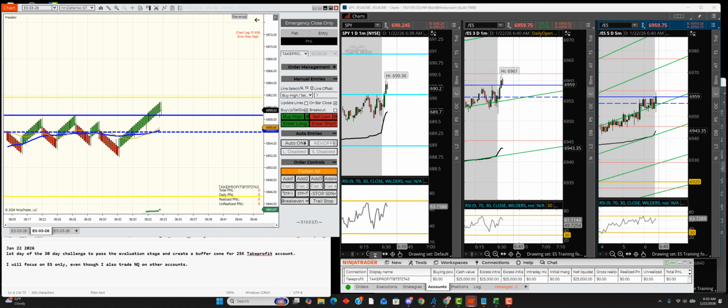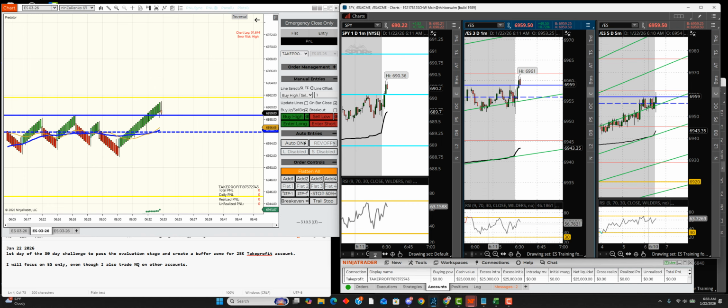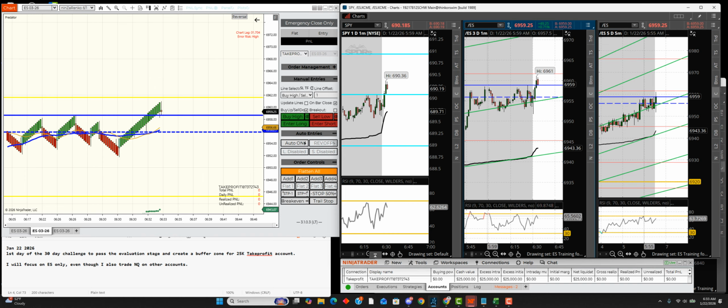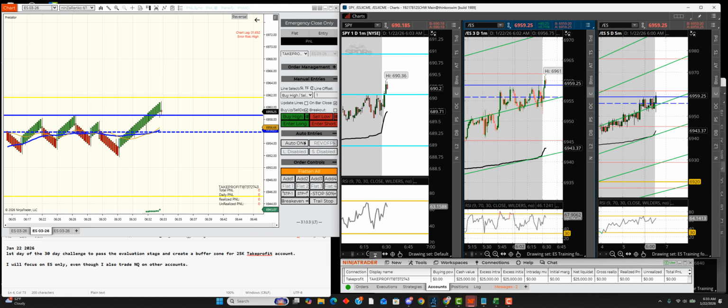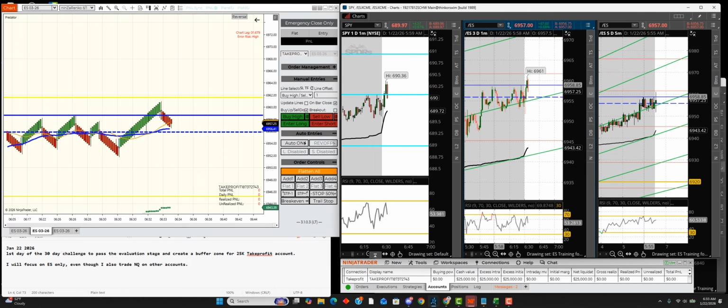On top of that, I also look for a divergence. For example, this one has a small divergence right here. Price is going higher, but RSI is lower than these two here. That's why the market is reversing right there.